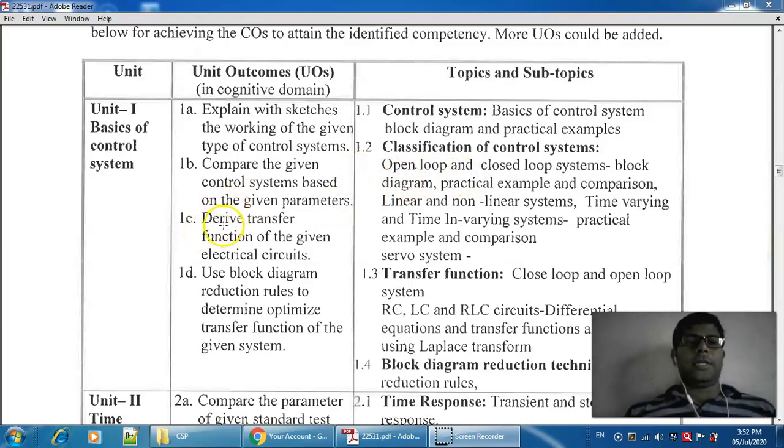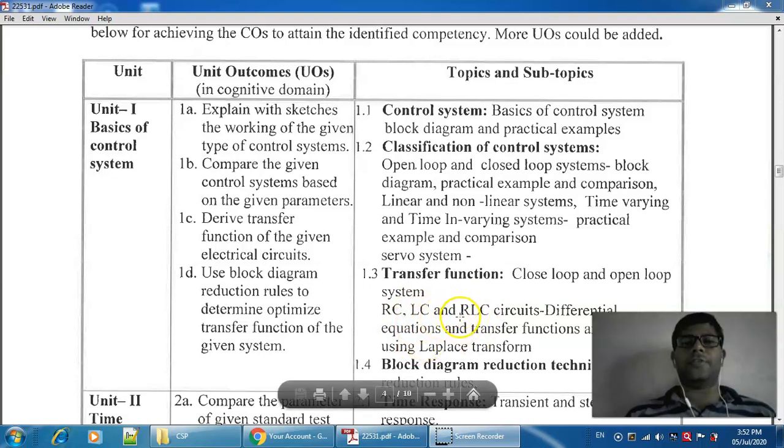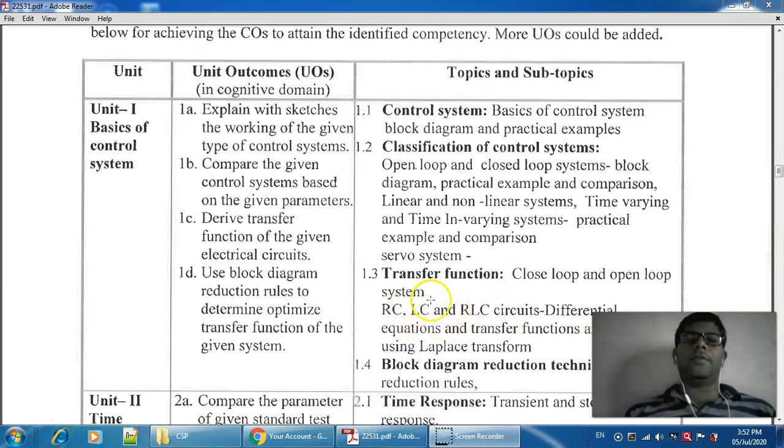The next unit outcome is to derive the transfer function of the given electrical circuit. This is 1.3, transfer function. There are three electrical circuits in the syllabus: RC, LC and RLC. When you learn this transfer function, you will be able to learn how to derive the transfer function of these electrical circuits.